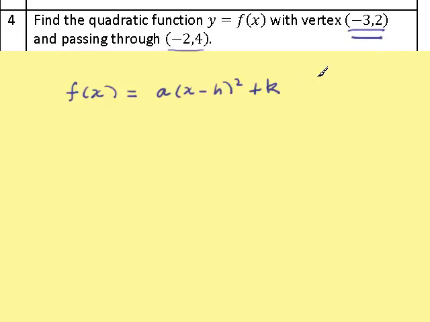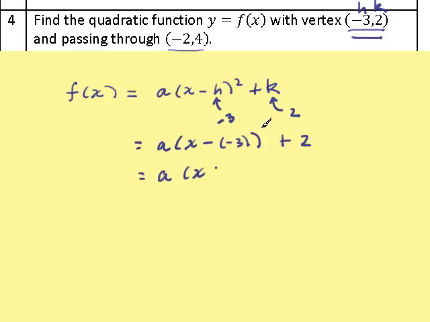We'll put in for this is h, and this is k. So we'll just put in a minus 3 over here, and we'll put in a 2 here. So that's a, and here we have x, subtract minus 3, plus 2. Of course we'll write this as a times (x plus 3) squared plus 2.